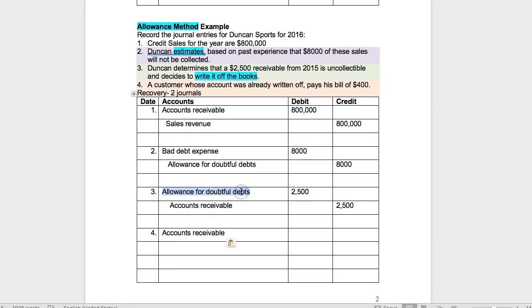So I'm flipping this over, I'm swapping the debits and the credits. What I need to do is put accounts receivable back into the asset. I have already cancelled and deleted that accounts receivable, so now I want to put this back into asset. So accounts receivable is increasing, and I use the allowance to do that. My next journal entry is to then collect the cash from the accounts receivable for the same number.